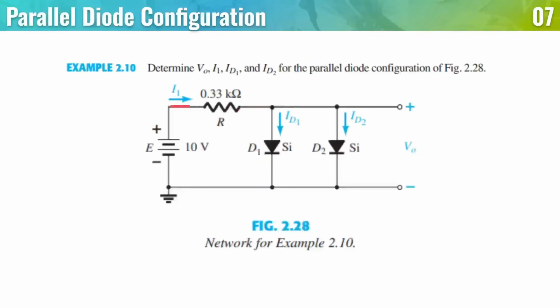If there is a current that is going to split into different branches, then the current that each branch gets is dependent on the resistances or the voltages that are in that said branch. So let's see.